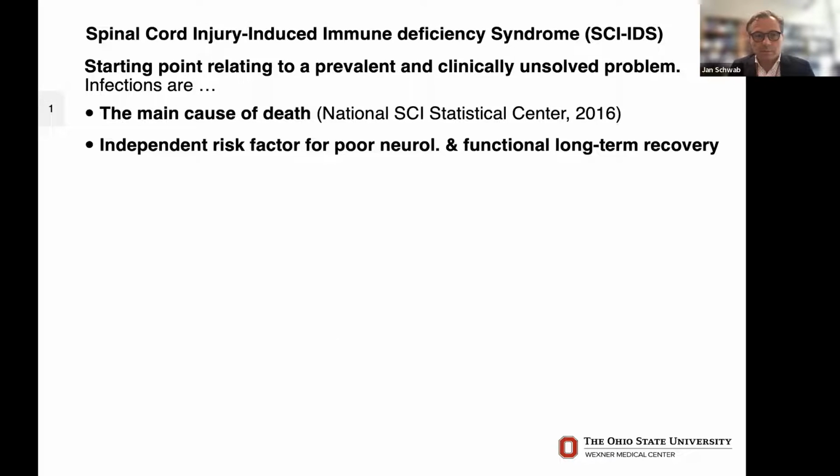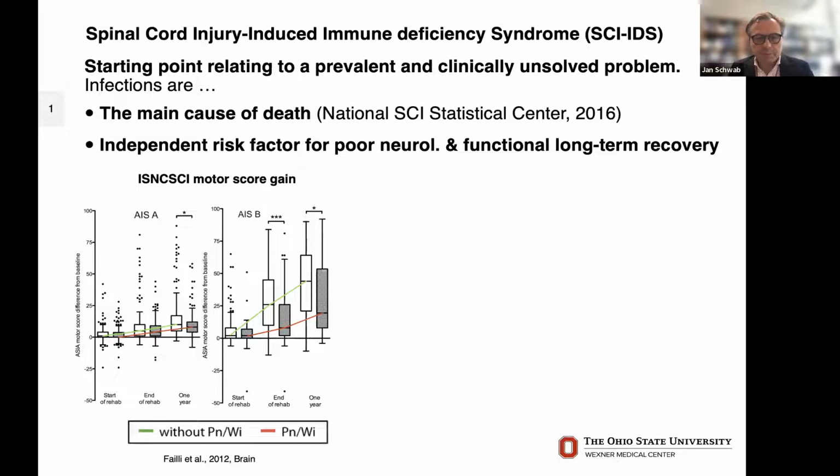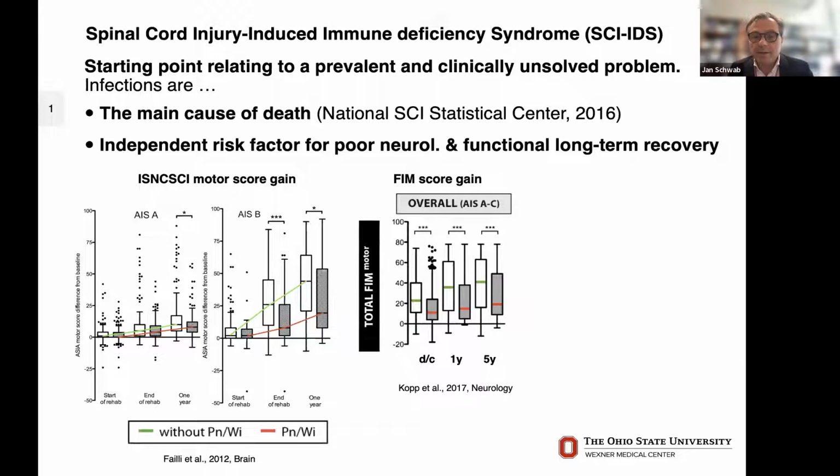Just to gloss over some of the data, we can see here patients color-coded in red versus green. In red are the patients with acquired pneumonia, with infection, and they are doing worse with regard to recovery, as assessed by gain of ASIA motor score points as a difference from baseline. This is present even in incomplete patients and further translates into functional capacity, basically disability of those patients.